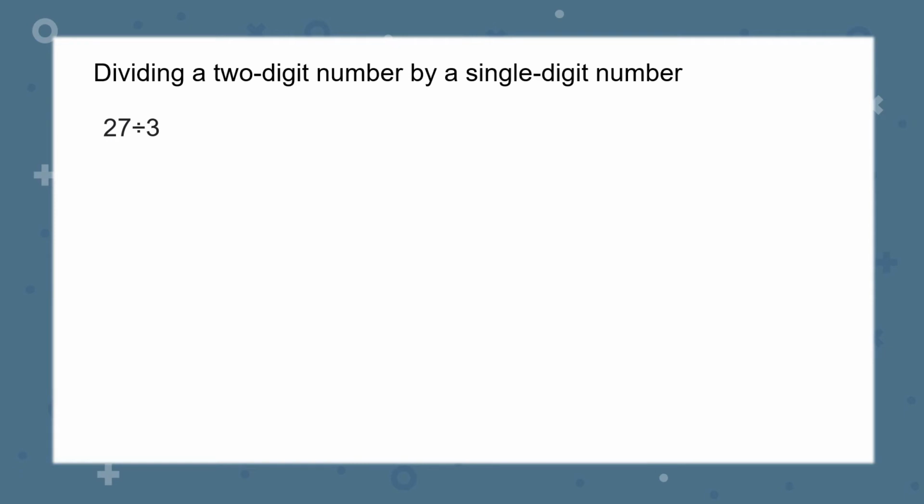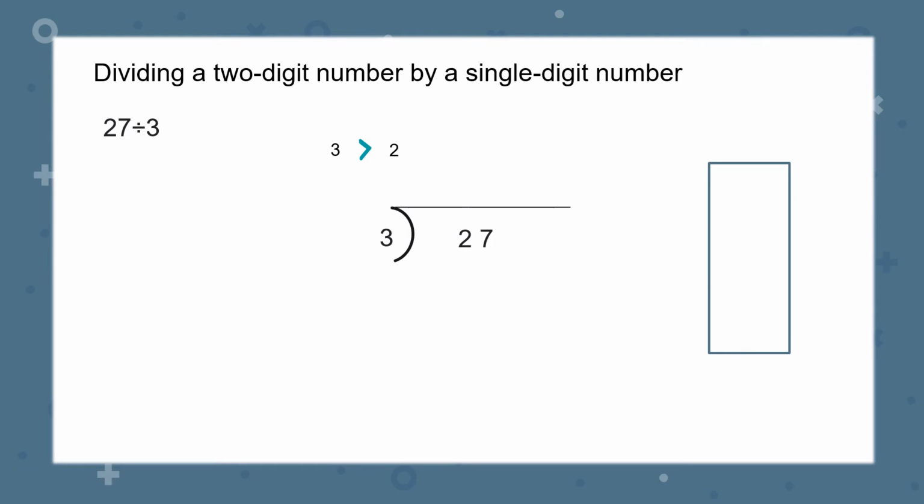Now next sum we will do 27 divided by 3. So as 27 is dividend and 3 is divisor, we will write 27 below the splitting line and 3 in the curved line. Here 3 is bigger than 2. The first digit 2 at the tens place is smaller and 3 is bigger.